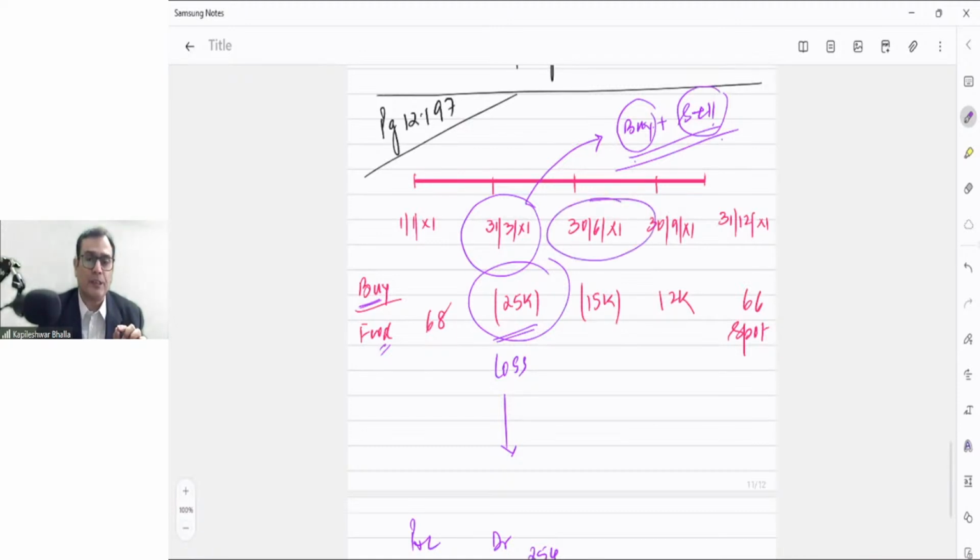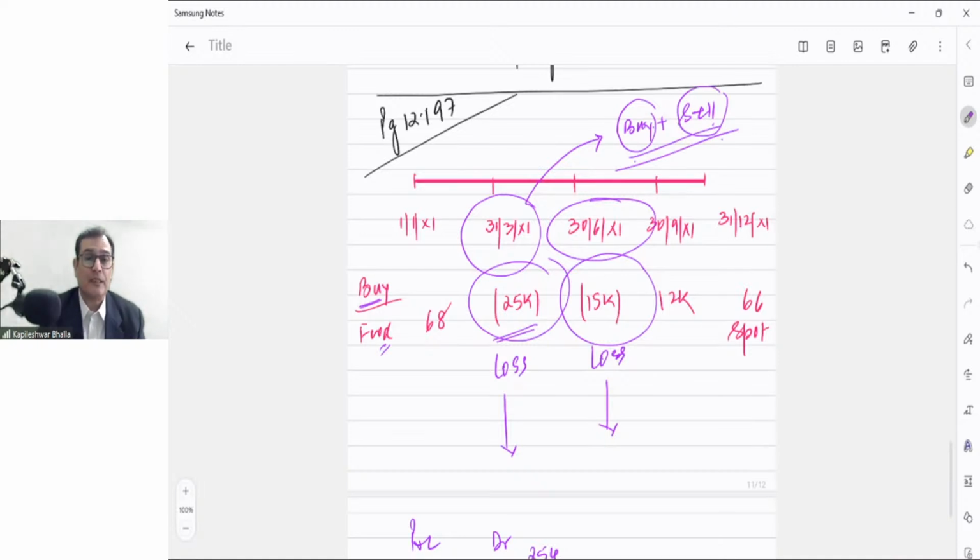On 30th June X1, he did the same thing. He must have calculated that if you square off the transaction, what is the gain or loss? So there is a loss to the extent of 15,000. Now remember, this loss is a cumulative loss.